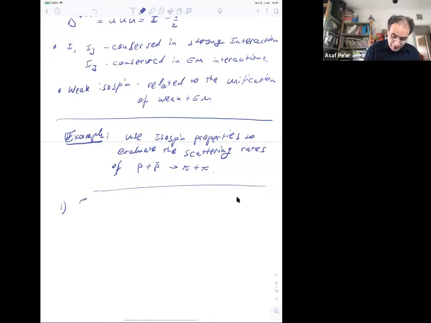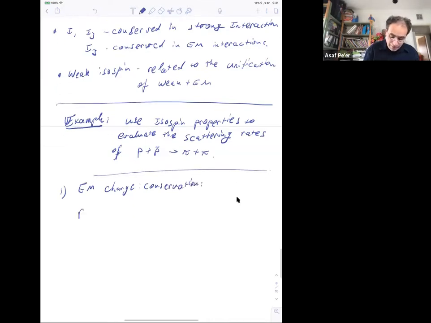So electromagnetic charge observation means we can only have P plus anti-P goes into 2 pion zeros, or P plus anti-P goes into pi plus and pi minus.